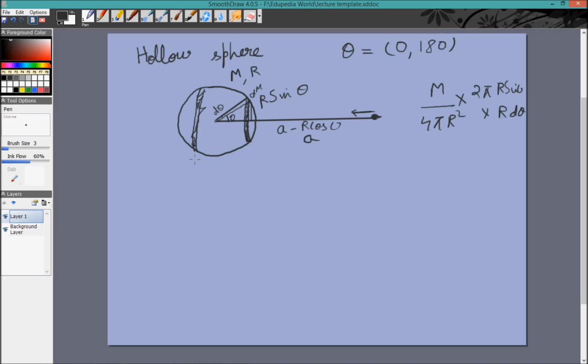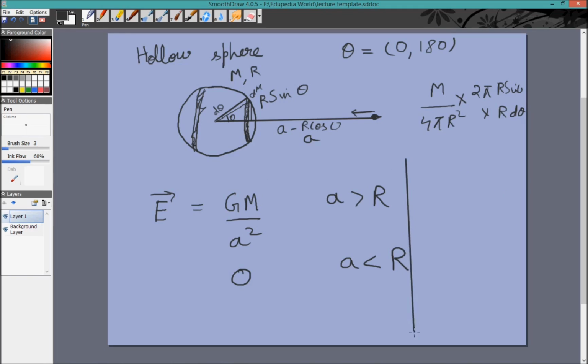Try it at home and integrate it, and you'll find that the total gravitational field equals GM by a square if a is greater than r, and equals 0 if a is less than r. A greater than r means the gravitational field outside the sphere. It is GM by a square. Whereas inside a hollow sphere, we will not experience a gravitational force anywhere. It will be 0.